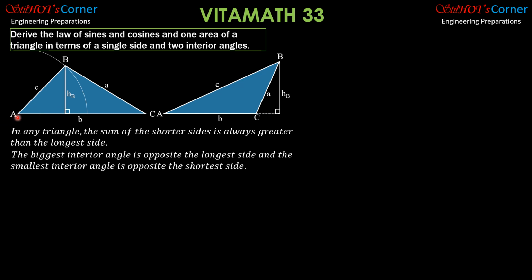By the way, when you want to draw accurately a triangle with the given sides, all you have to do is first lay out the longest side, let us say B. Then with A as center of the circle, strike an arc with radius C. Then with C as center, strike an arc with radius A. The two arcs will meet at point B, and the triangle is now formed with the actual dimensions.